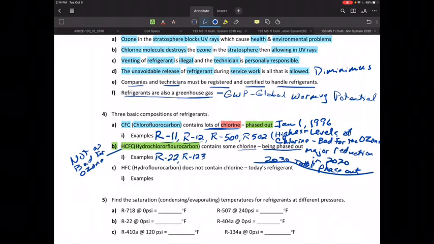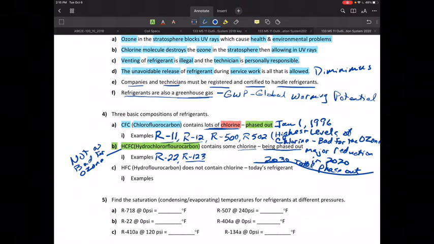R123 was kind of the replacement for R11. So all of these guys out in the industry that had low temp or low pressure chillers were actually using refrigerant 123 as the replacement. But there are some issues with that. And this has been going on for quite some time.